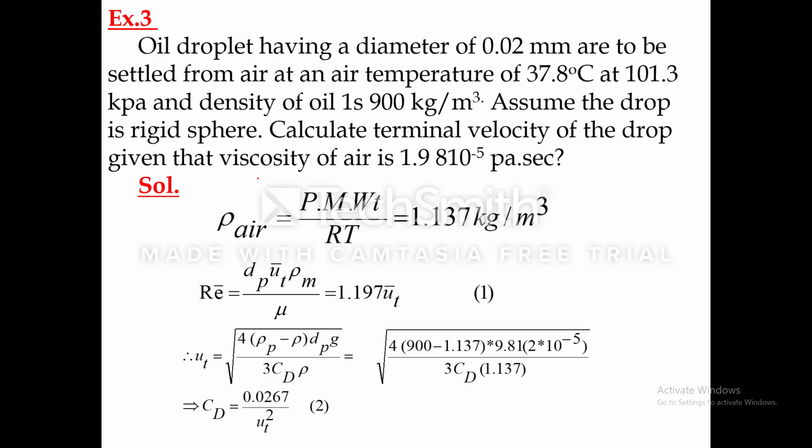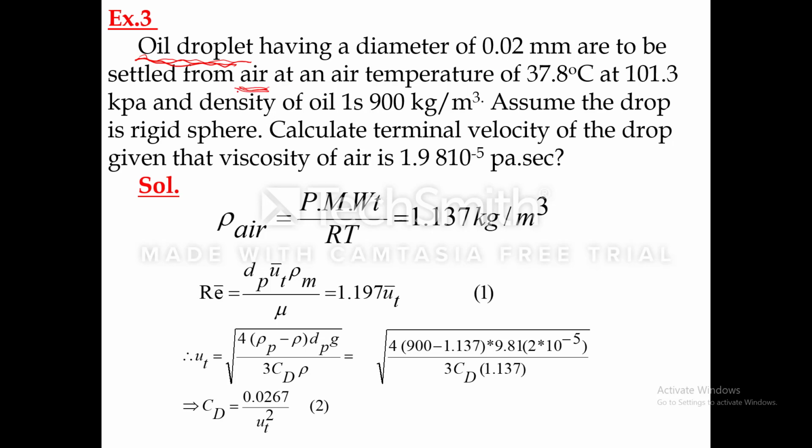Example 3: oil droplets having a diameter of 0.02 millimeter are to be settled from air. Here we have an oil droplet. We will consider it as a particle having diameter 0.02 millimeter to be settled from air.